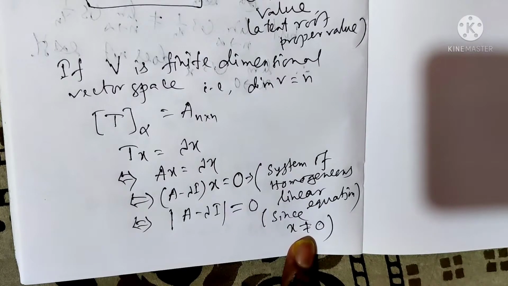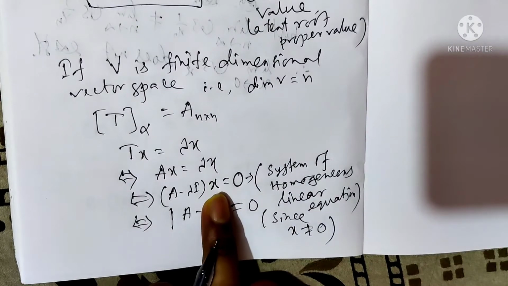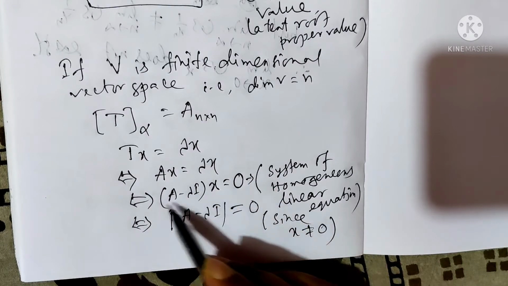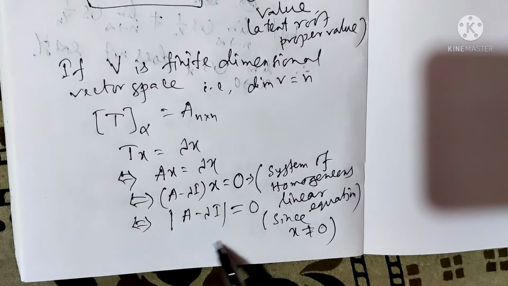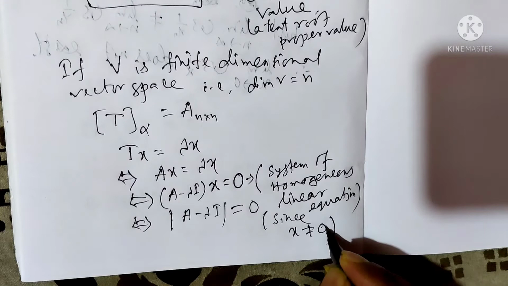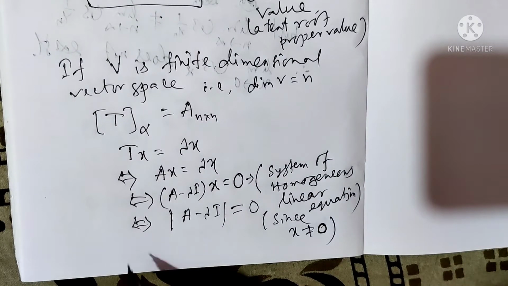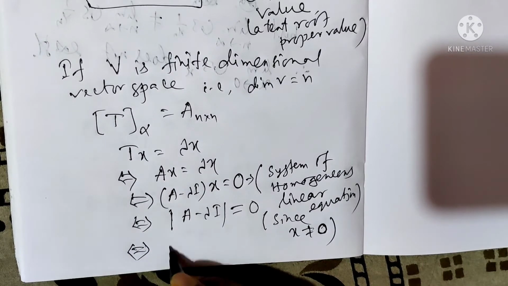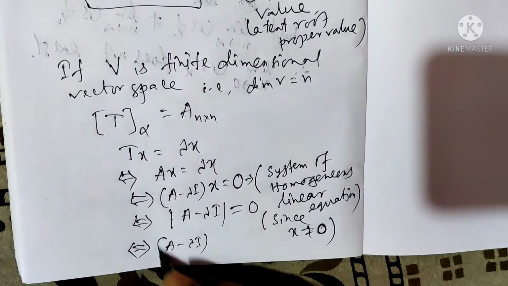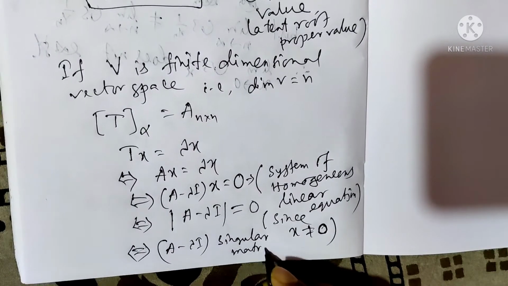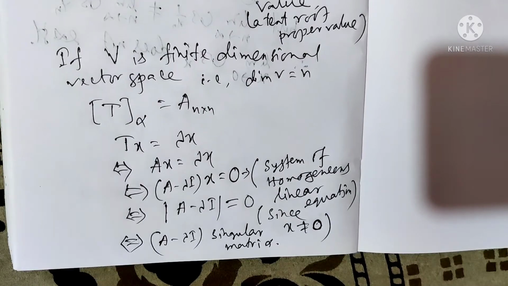Since X is a non-zero solution of this linear homogeneous system, it is only possible if the determinant of this matrix equals 0. That implies A minus lambda I is a singular matrix.